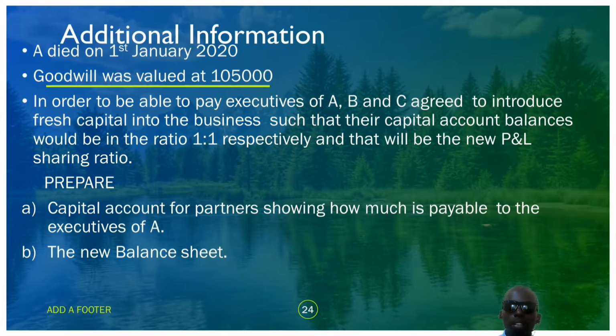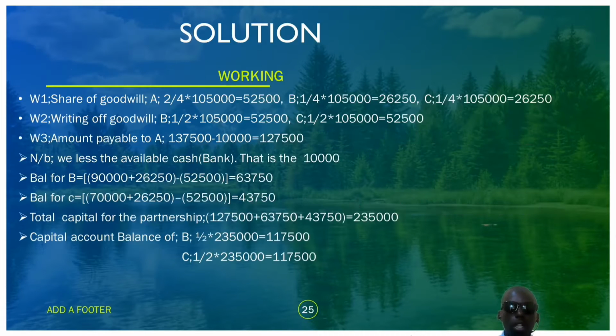Remember, this 105,000 should be shared by all partners, including the one that has died, that is A. We share using the profit sharing ratio, that is 2:1:1. So he will get 2/4 times 105,000, that is 52,500.